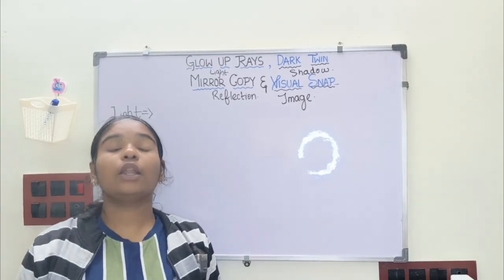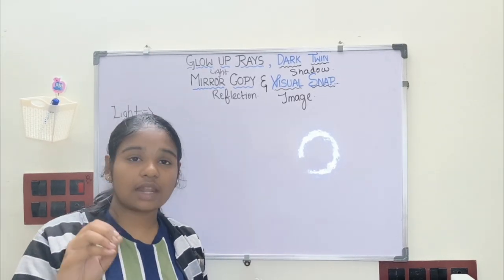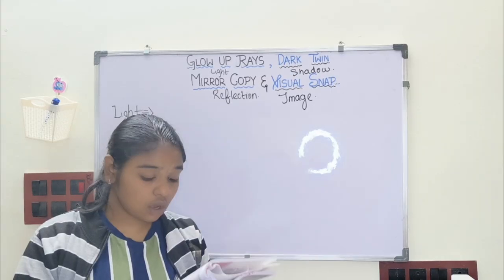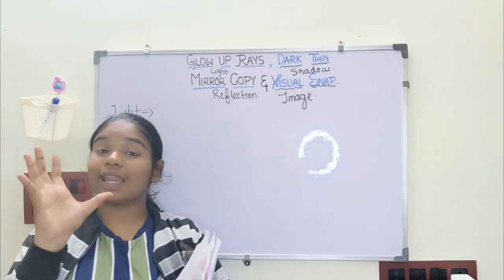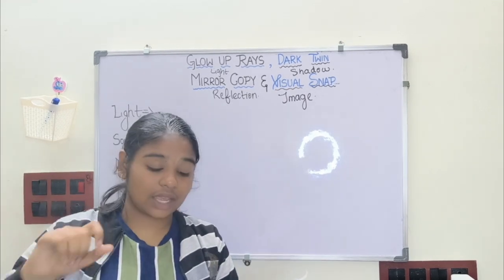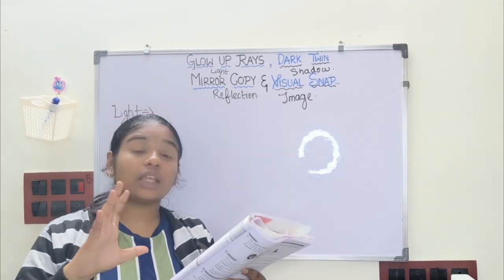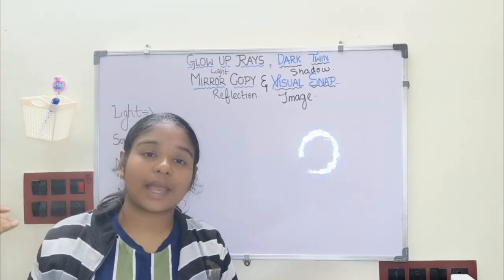So we can say that we need light to see an object. When the light falls on the object, the object allows some light to be reflected, to bounce back.